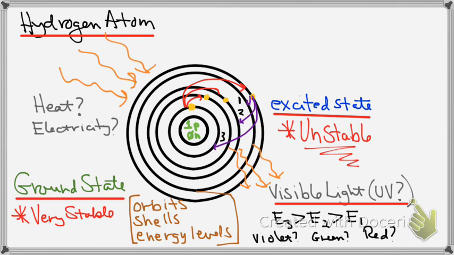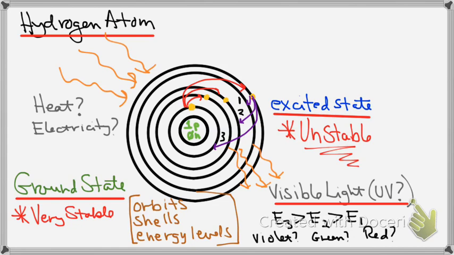So if I compare these three transitions, dropping one, two, or if it drops several, represented by the three there, when it dropped all the way down to the first level, E sub 3, the third energy, that would be greater than if it dropped only two levels, and that would be greater than if it dropped only one level. So the farther that the electron moves, the more energy that gets released.